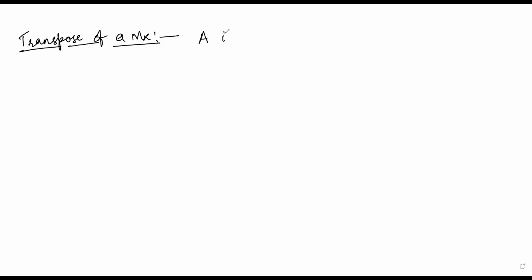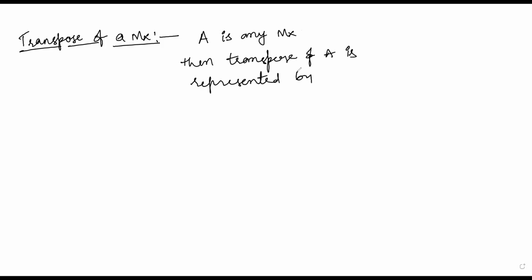Transpose of A is represented by A dash, A'. And it is interchanging rows into columns.